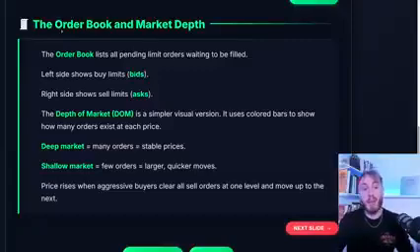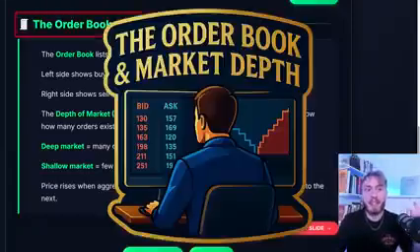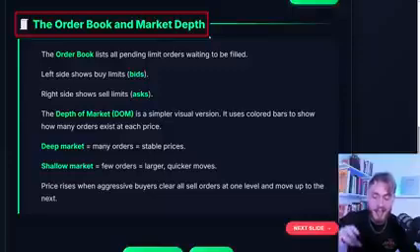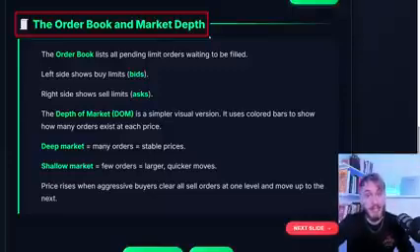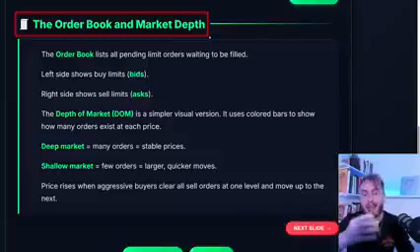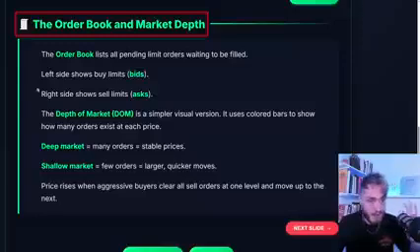But alright, so now it's finally time to take a look at the order book and the market depth. And as you hear in the name of this course, it's called Order Flow Trading. You already hear in the name that the order book is very important, and you're not wrong, the order book is super important here. So let's lock in and pay attention. But to begin here, what is the order book?